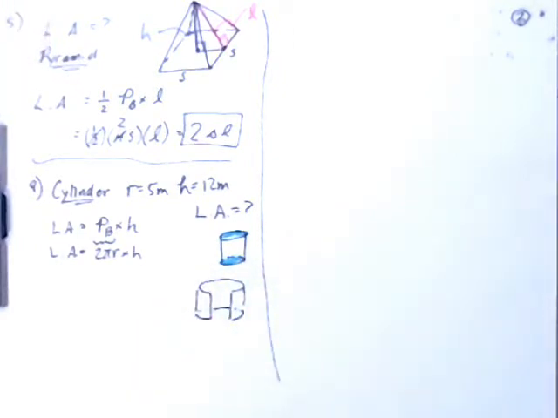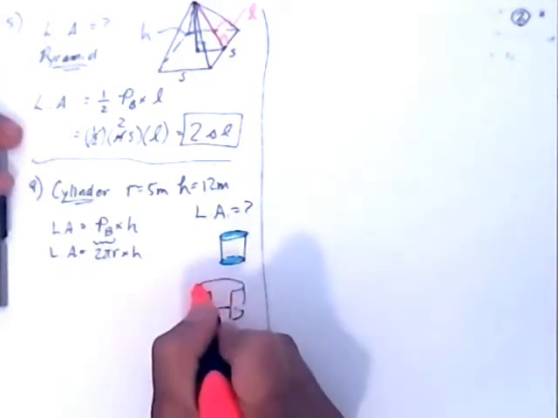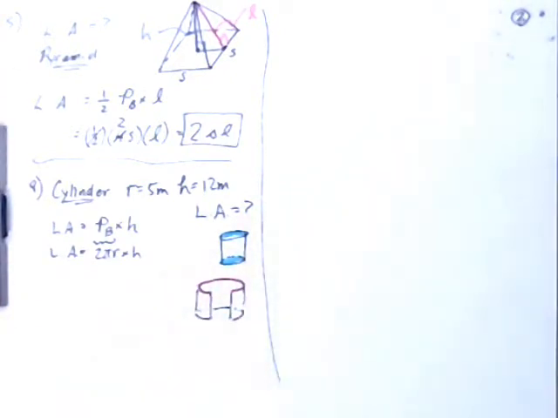And you notice that as you open up this label of the soup can, that portion right there becomes your circumference of this circle on top or the bottom. Or actually the top, doesn't really matter.